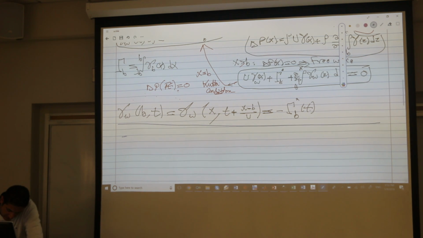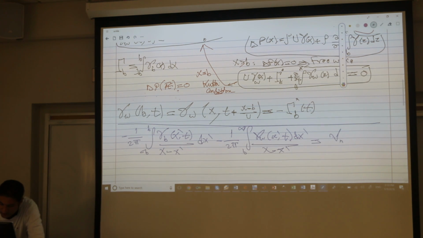Here is the equation, negative 1 over 2 pi, gamma bound of x and t, over x minus x prime, dx prime. The same here, 1 over 2 pi. This is from negative b to b, but here is from b to infinity, gamma wake, x prime and t, dx prime, x minus x prime.